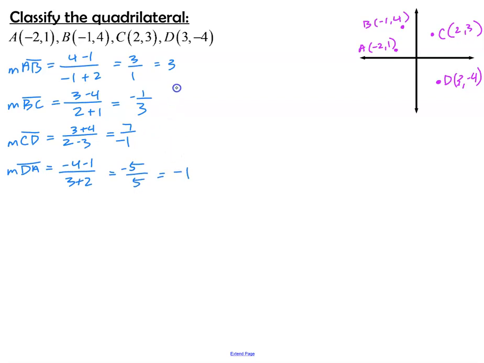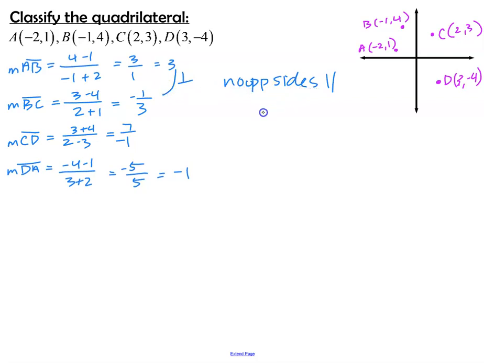So we have no opposite sides parallel. We do have this pair of sides that's perpendicular and they're consecutive, but that doesn't really tell us anything, just to have one pair of consecutive sides that are perpendicular.